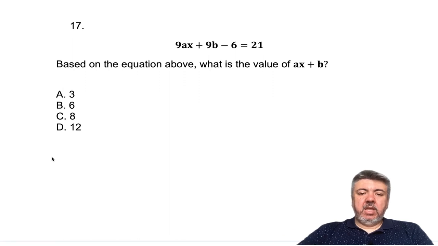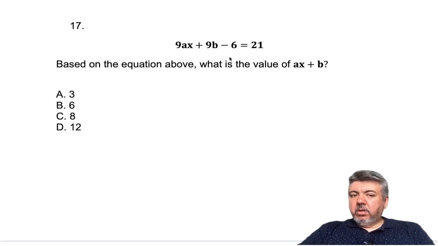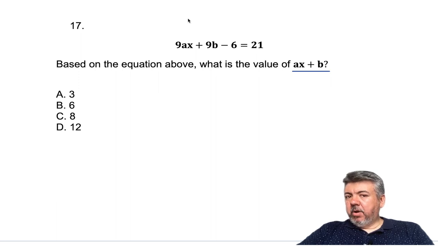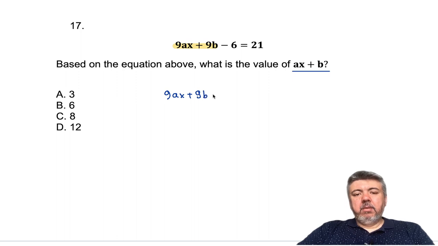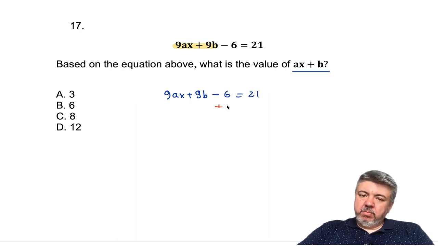Question 17. Based on the equation above, what is ax plus b? Okay, I might have ax plus b here. So 9ax plus 9b minus 6 equals 21. Add 6 on both sides.